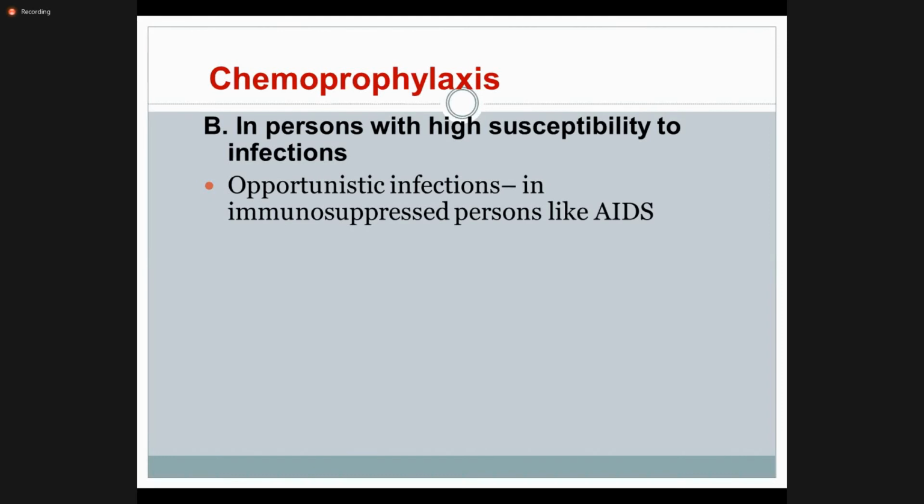But when our normal flora activity is suppressed due to immunosuppression, due to low defense mechanism, what will happen now? The invading organisms have the opportunity to invade and multiply. There is no opposing activity that normally occurs due to normal flora activity. So now they have the opportunity.